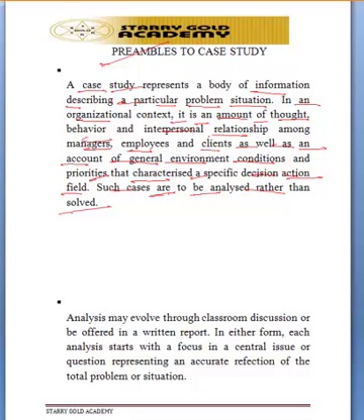And when we say happenings in an organization, we should appreciate the fact that any given organization has different departments, sections, depending on the type of organization. So where is the problem coming from? Where is the situation arising from? Is it a particular department? Is it a particular section? Is it 2-3 departments or the whole organization?